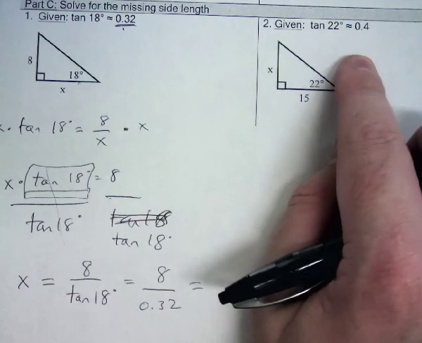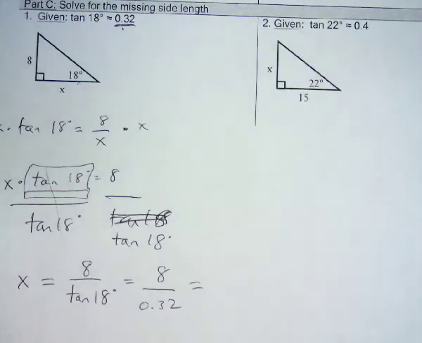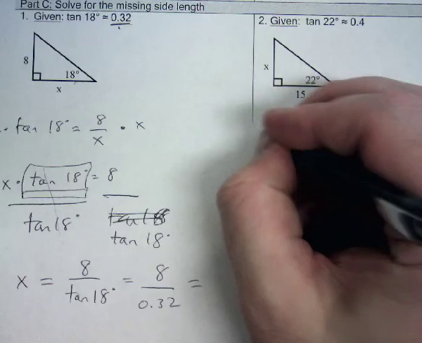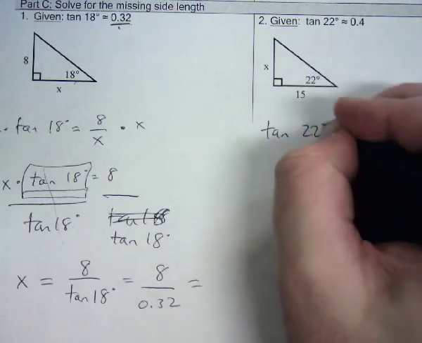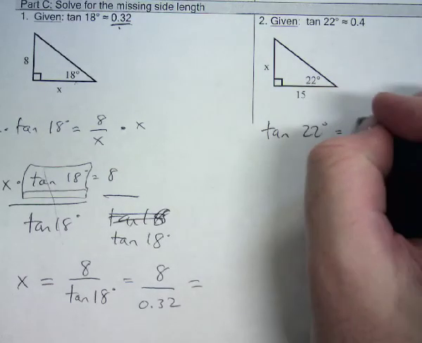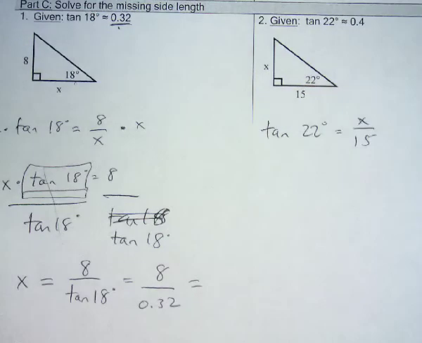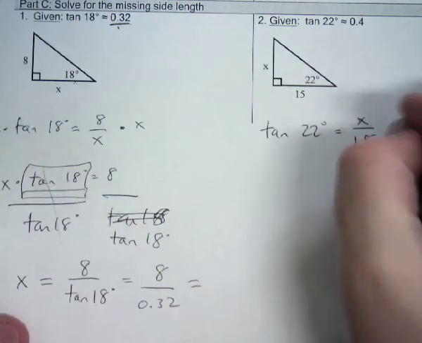So for number 2, it's the exact same thing. Tan of 22 degrees equals opposite over adjacent. What is my first step here? It is to multiply by 15 on both sides.